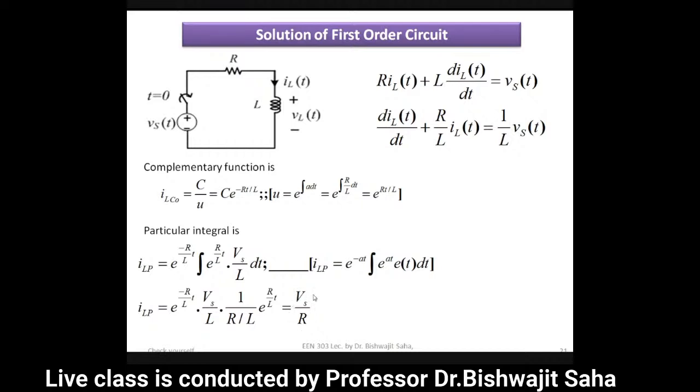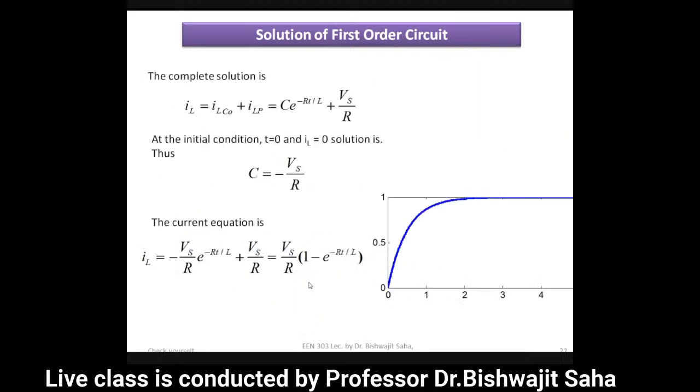And the complementary function says the transient state. If you look at C e to the power minus R by L t, it changes exponentially. The final thing we can find out by applying the initial condition.